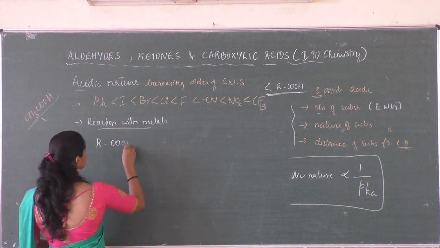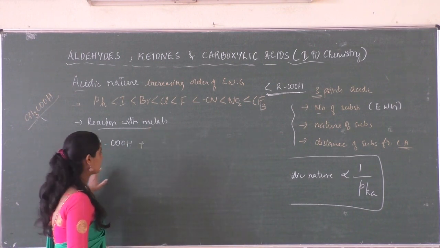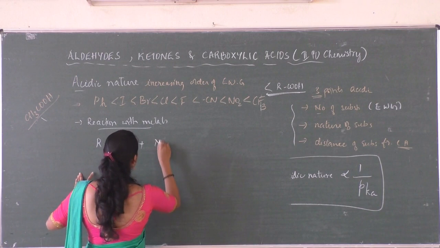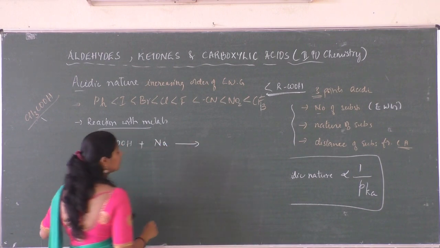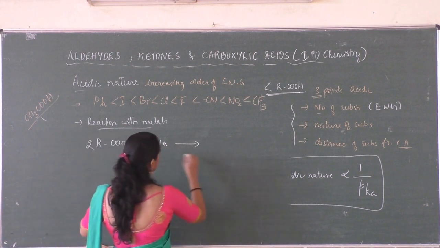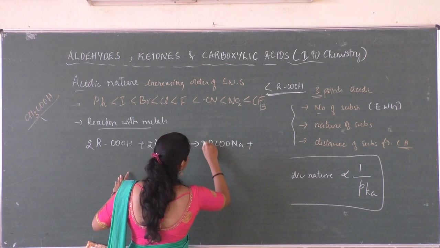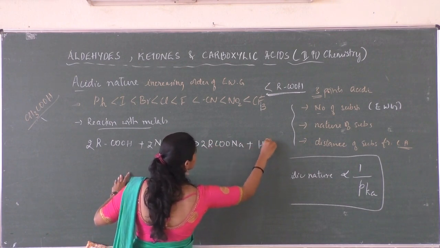RCOOH plus electropositive metals like sodium, potassium, etc. will liberate hydrogen gas, forming salts of carboxylic acid plus H2.